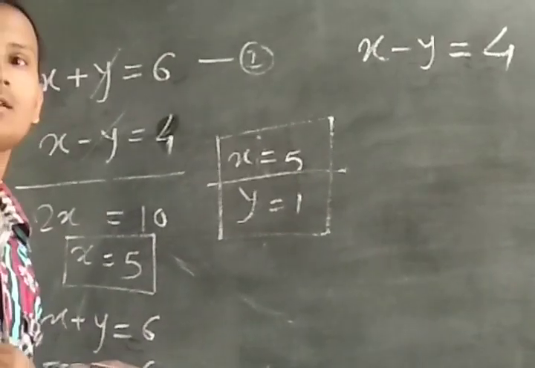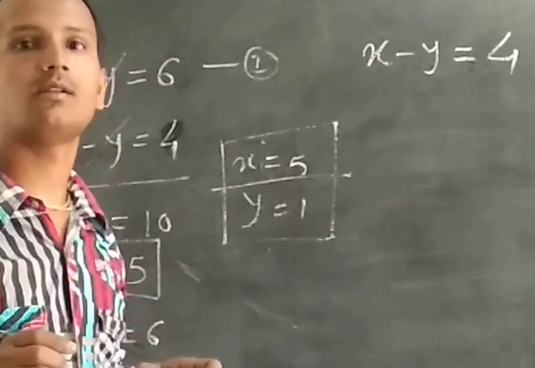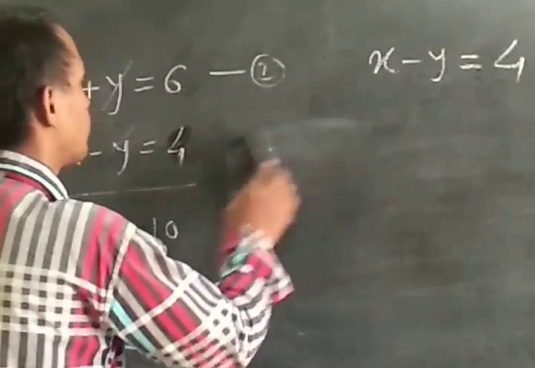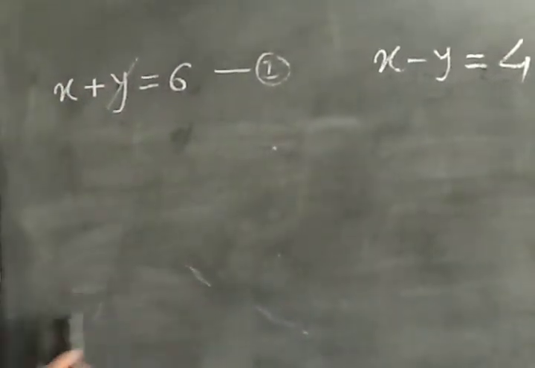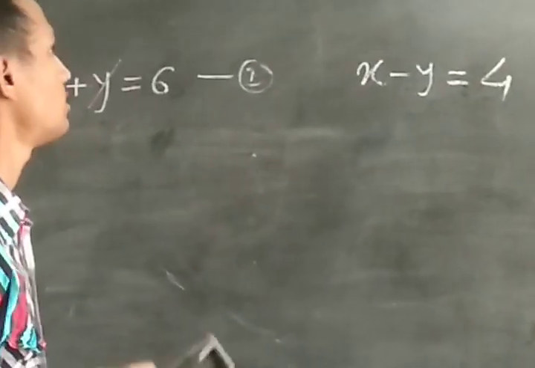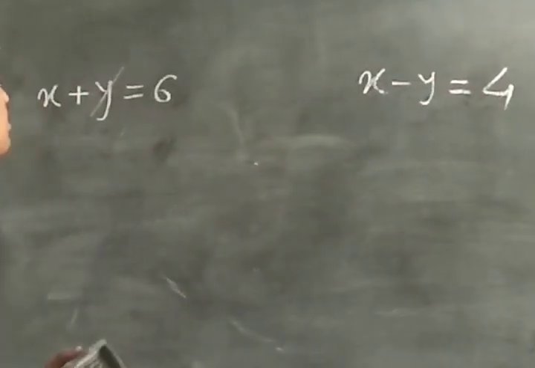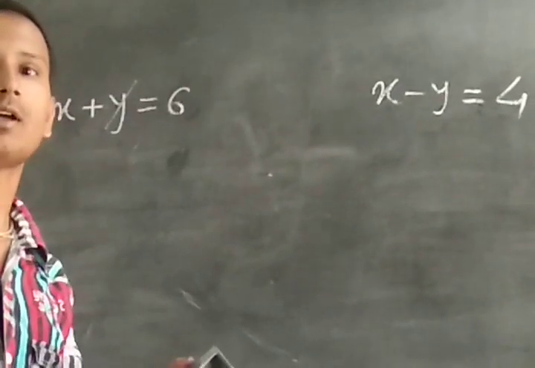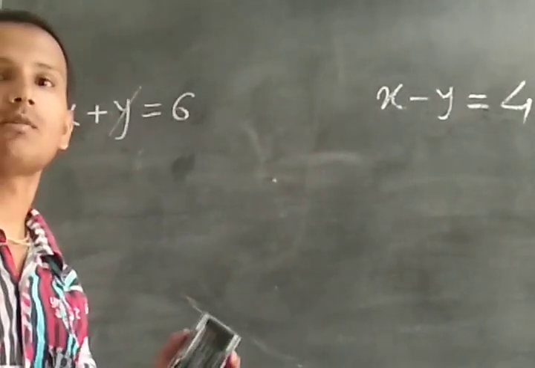But there is another method, known as the graphical method, which is somewhat different from this. Look here. In the graphical method, we take different values of x and for those we find different values of y, and we get a certain number of points.